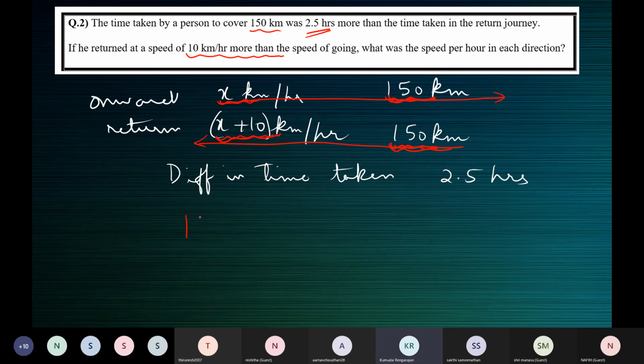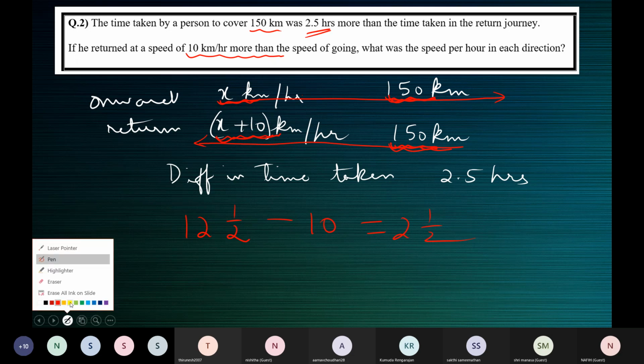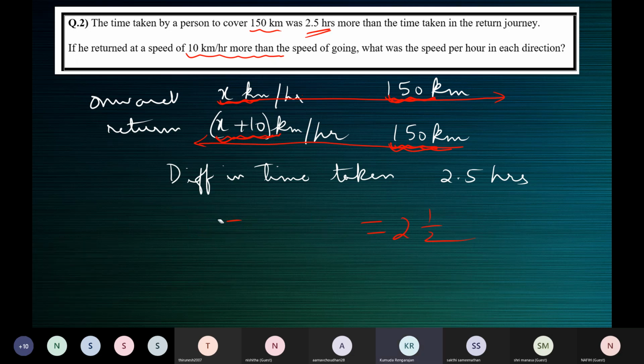That's why the difference in time taken is 2.5 hours. That's how you should understand that information.